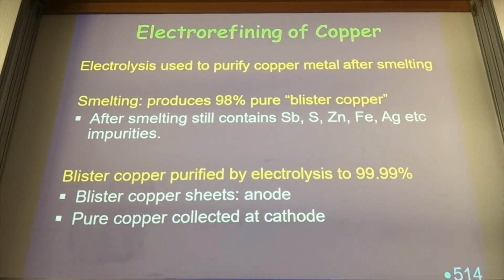So basically, we put the blister copper sheets, the impure copper at the anode, and we oxidise them. So that produces copper ions, and then the copper ions turn back into copper metal at the cathode, and by very carefully adjusting the voltage, we get lovely pure copper produced.